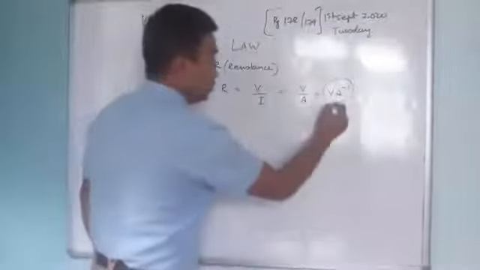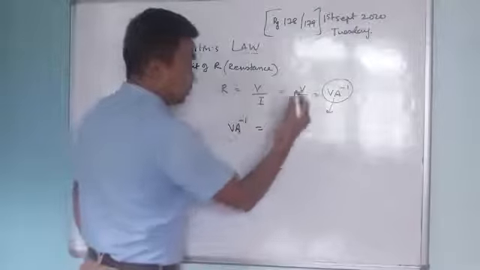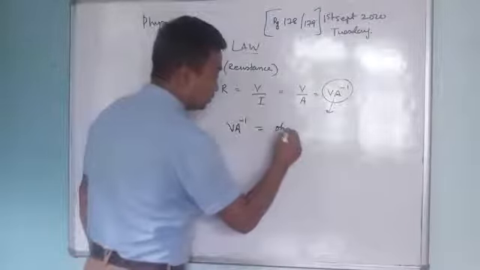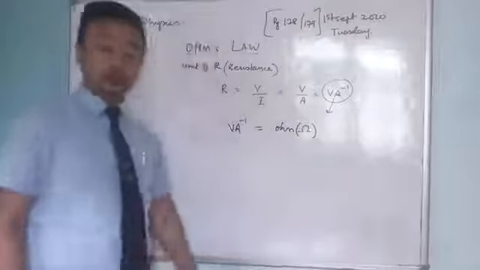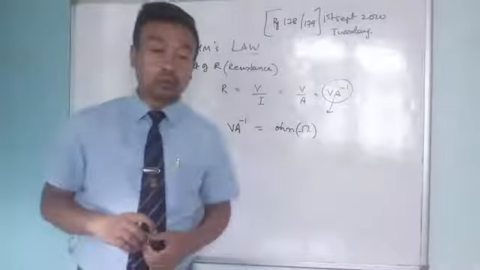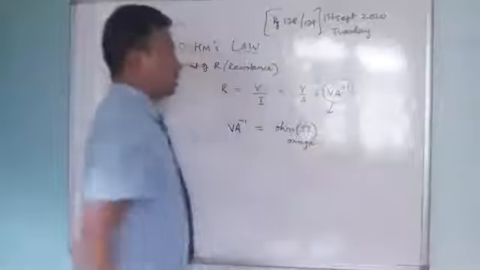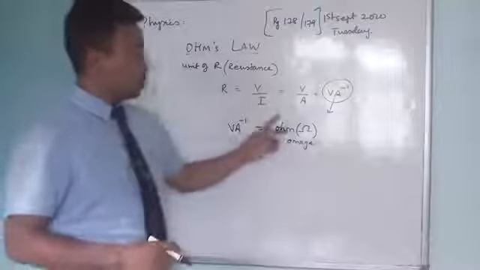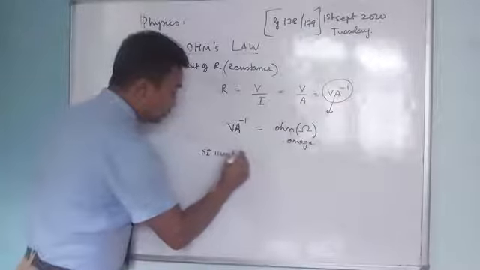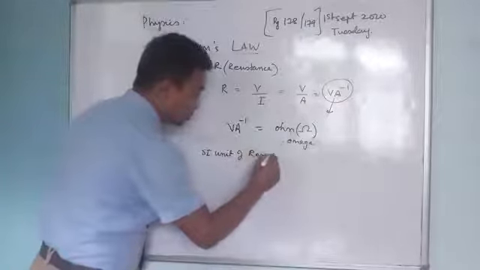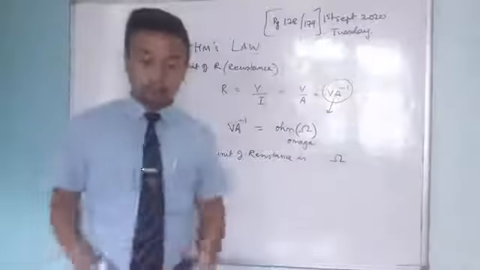Alright, so this V A to the power minus 1 is named as Ohm, and the symbol for the Ohm is written like this, and the symbol can be named as omega. Alright, so the SI unit of resistance is Ohm.